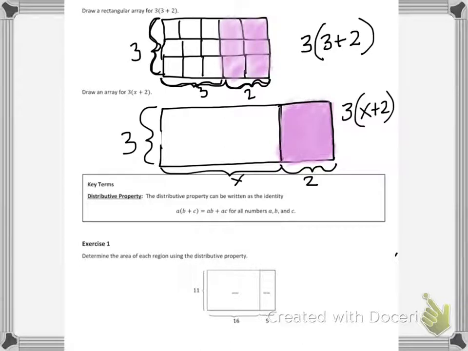We'll start using some larger numbers, so we don't want to rely so much on the grid, such as this one up here.